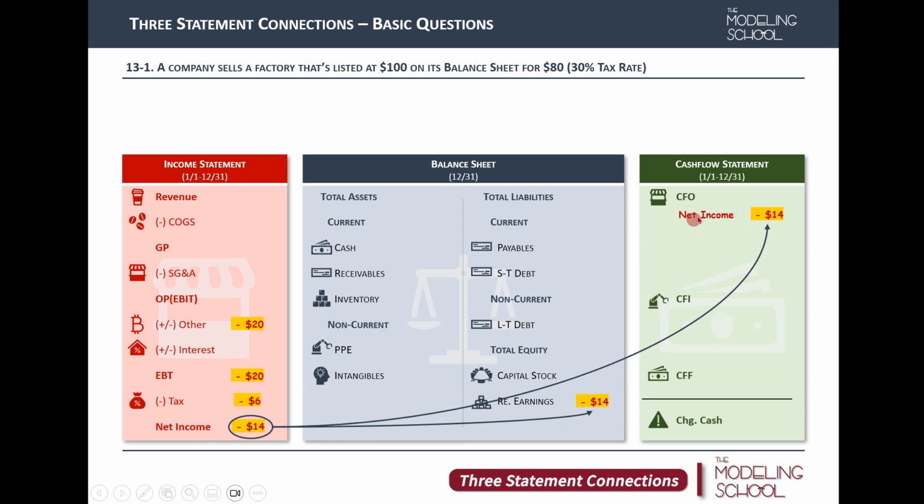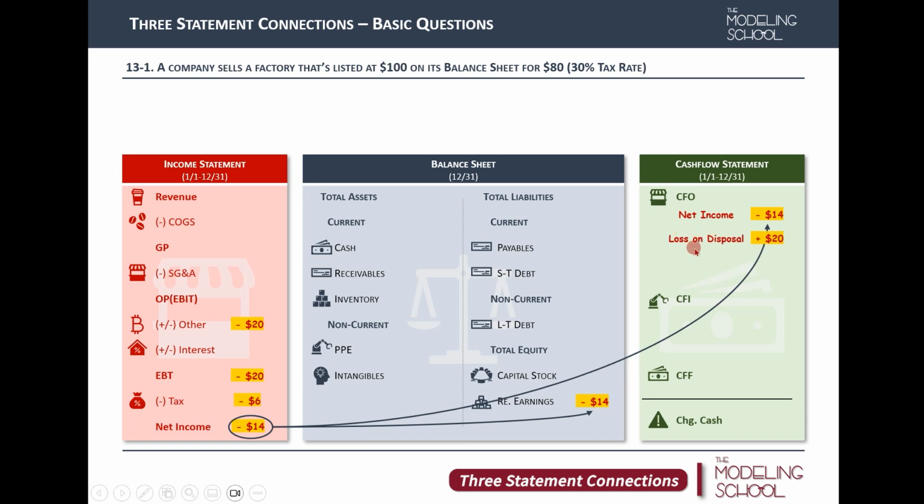And this is where it gets a little bit tricky. We have to record on our cash flow statement somewhere. We have to make a $20 cash adjustment, and also we want to record the $80 that has actually been sold. So the $20 loss on disposal is going to be recorded under cash flow from operations.